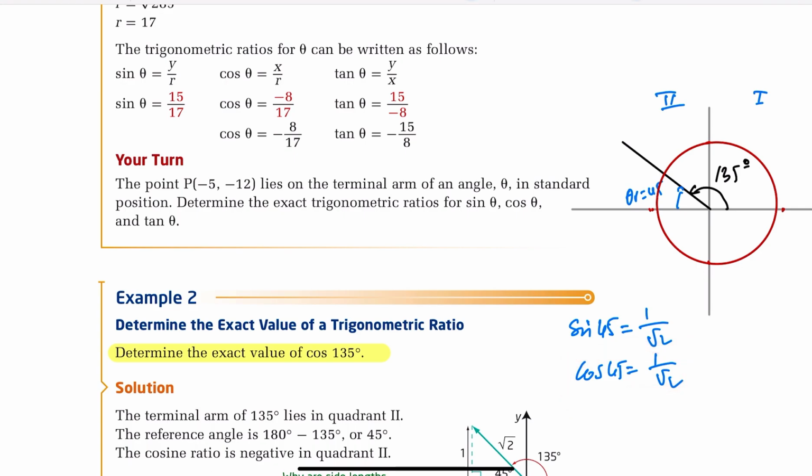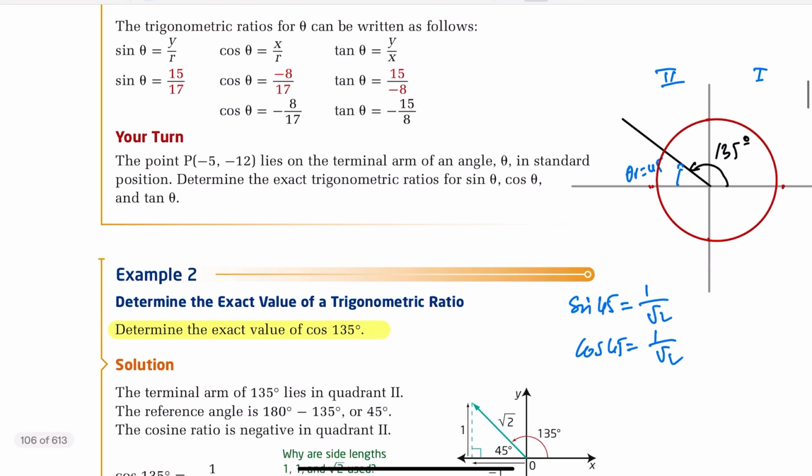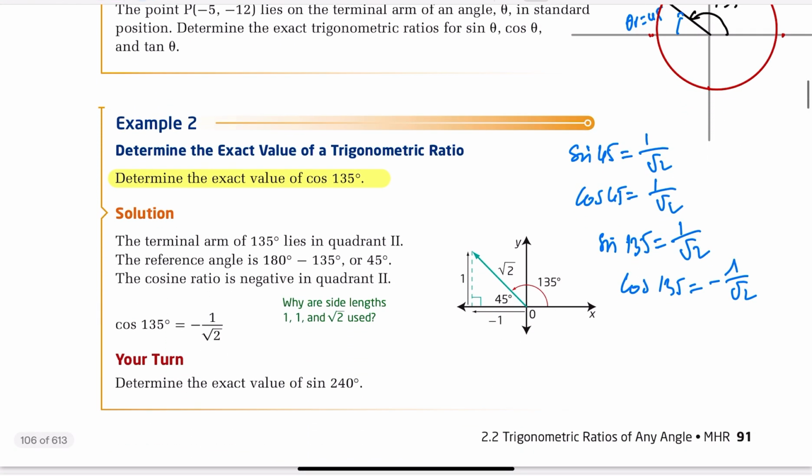So immediately I can say that the sine of 135 is 1 over square root of 2, and the cosine of 135 degree is minus 1 over square root of 2. And we are done with this answer. You can see that they give the answer directly here, but this is more in depth.